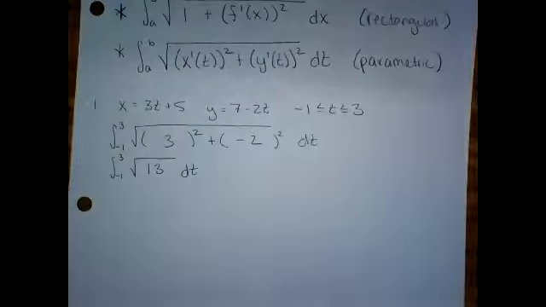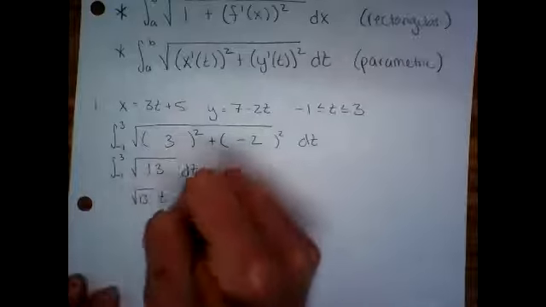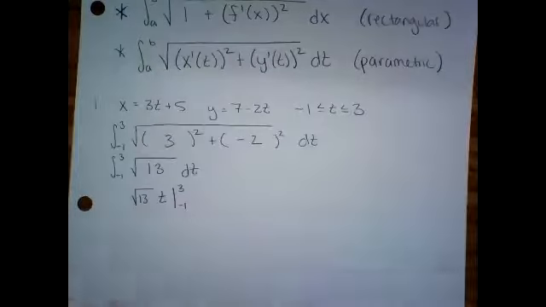Looks weird because it's a square root. Pretend it was just a 13. What's the antiderivative of just 13? It'll be 13t. This one just happens to have a square root, so it would be square root of 13 times t, evaluated from -1 to 3.